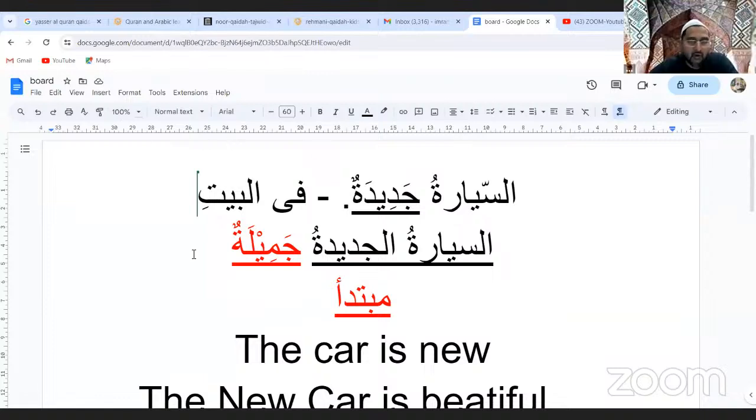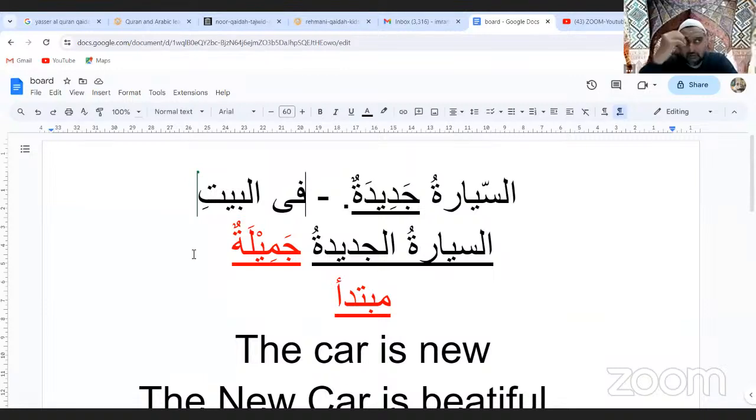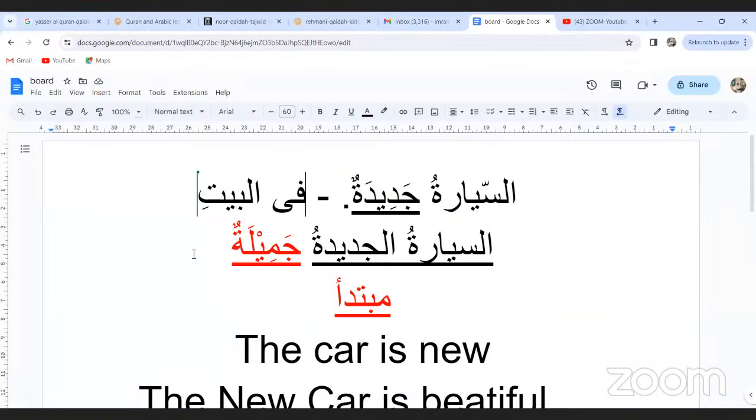But when it is with an adjective, both of them will follow the adjective rules initially because they are the mubtada, and the following word will be the predicate, without alif lam, and will have the dhamma tanween on it. Excellent.